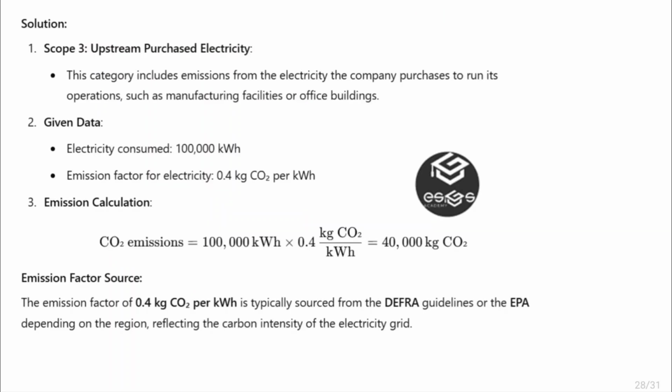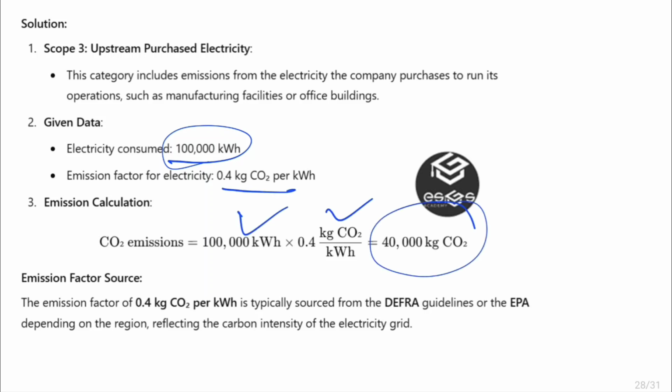So the upstream purchased electricity emissions are basically the emissions generated from the electricity the company is purchasing to run its operations, such as manufacturing facilities and office buildings. The given data was the quantity of electricity consumed, 100,000 kilowatt hours in a year, and this is the emission factor.